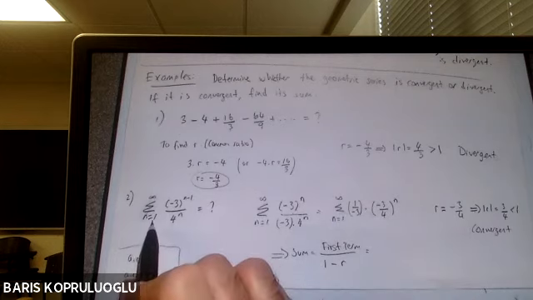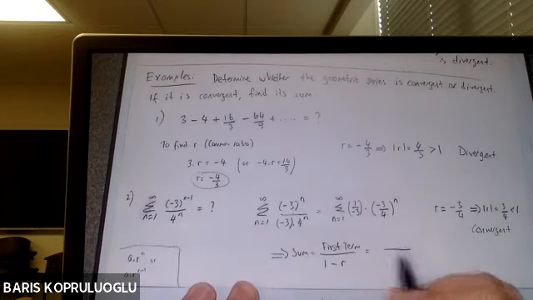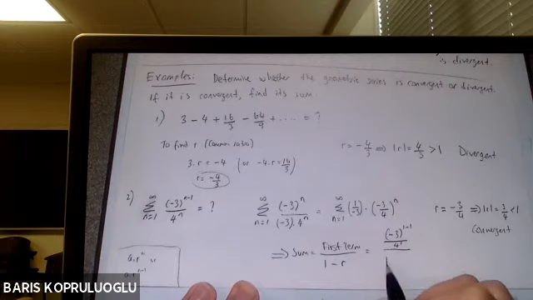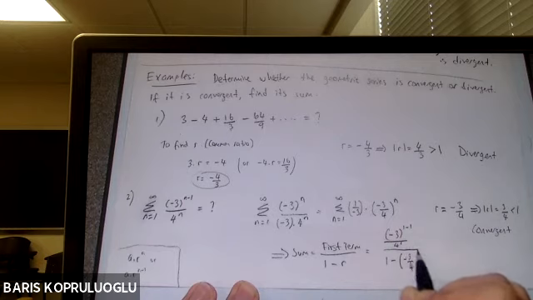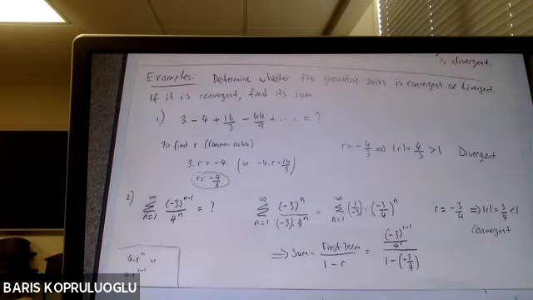So to find the first term, you need to plug 1 for n and calculate the corresponding number. It's going to be negative 3 to the power of 1 minus 1 over 4 to the power of 1 over 1 minus negative 3 over 4. Any questions so far?